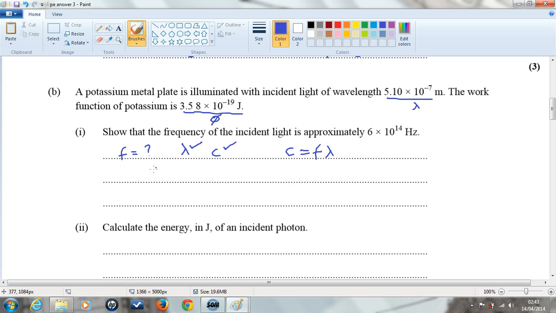Rearranging gives us f equals c divided by our wavelength, and when we plug our numbers into that equation, 3 times 10 to the 8 divided by our wavelength, which was 5.1 times 10 to the minus 7, I get an answer of 5.88 times 10 to the 14 Hertz, which is approximately 6 times 10 to the 14 Hertz.